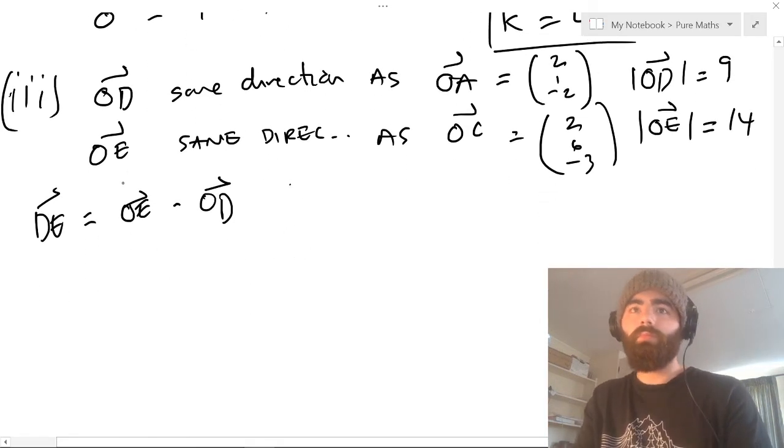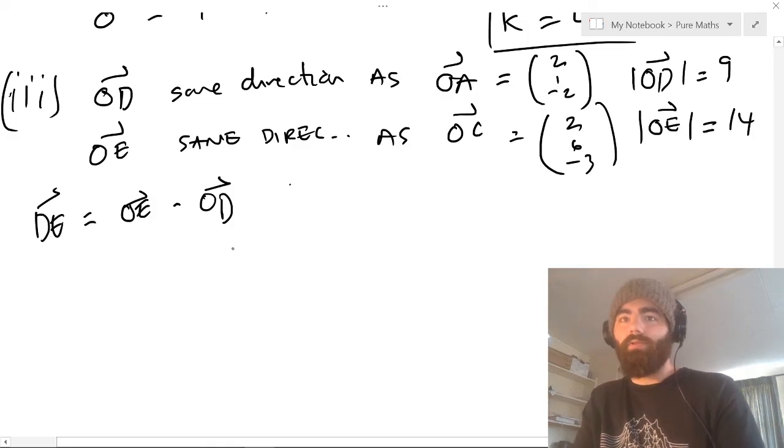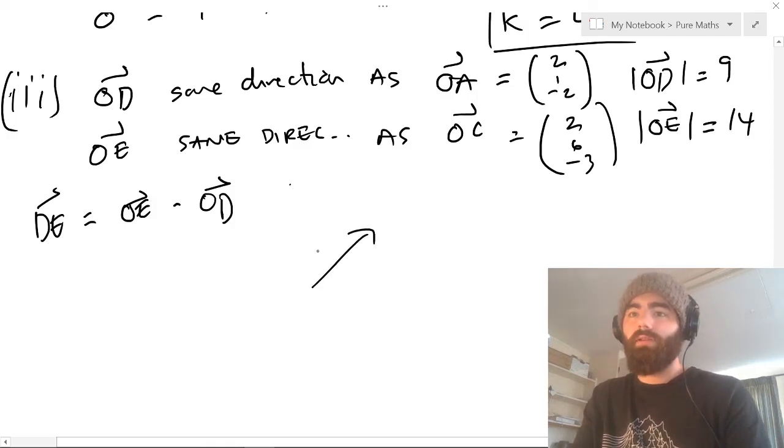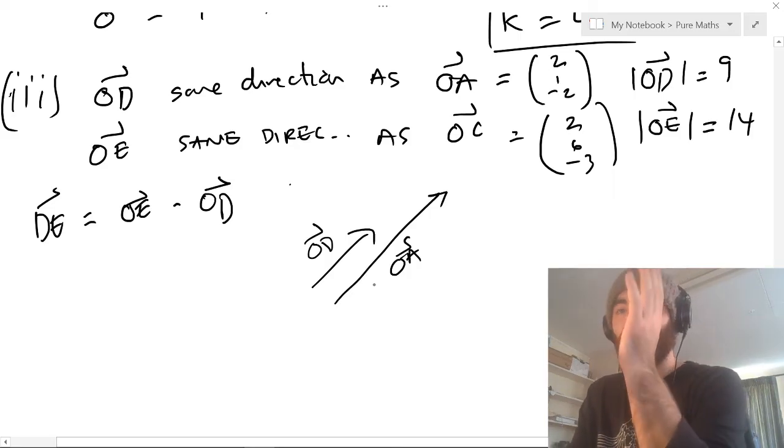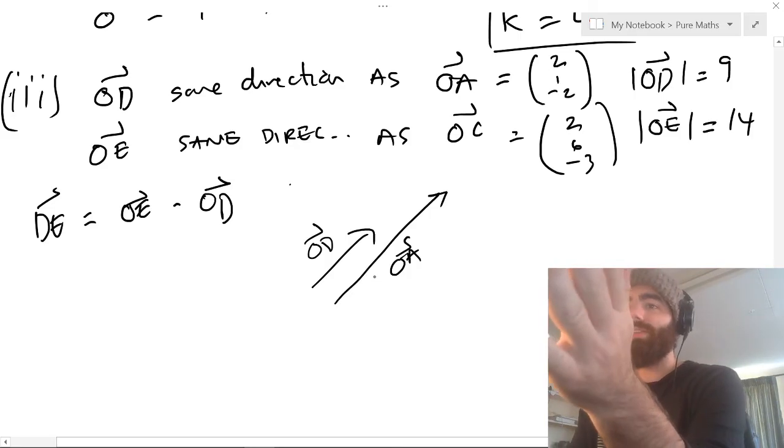Well, if you have some vector OD, and it's in the same direction as some other vector, let's say OA here, well then it's just a scalar multiple of that direction.